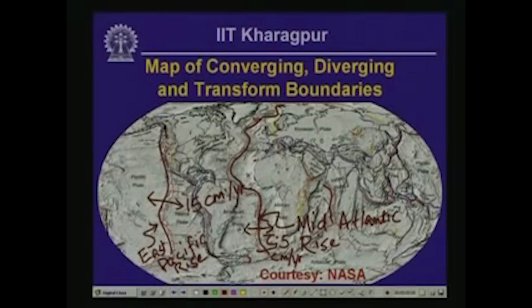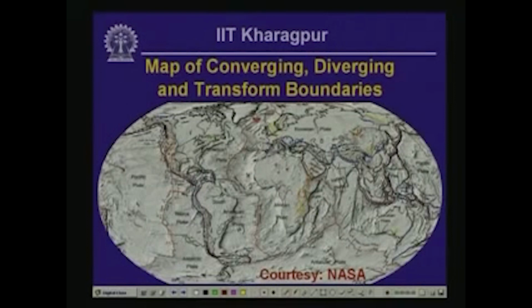Now, those are the spreading boundaries, spreading centers, and then what you also can see on this particular slide is that there are blue coded plate boundaries, and in these areas there is a convergence going on.